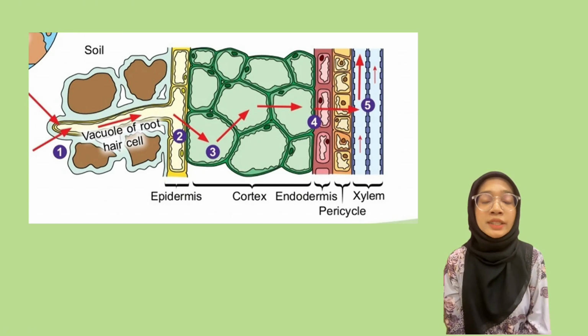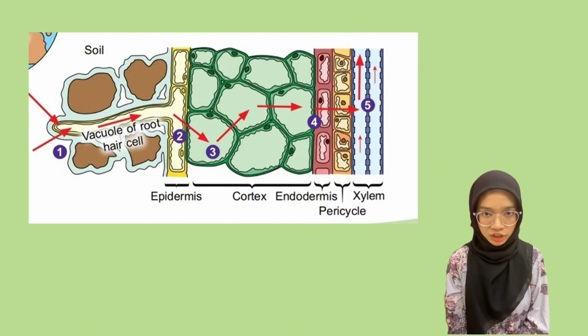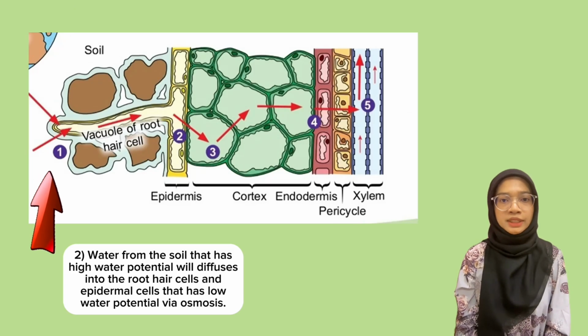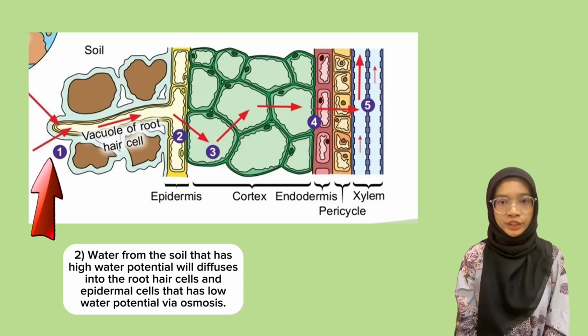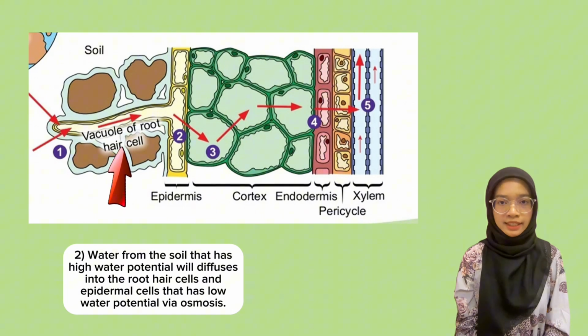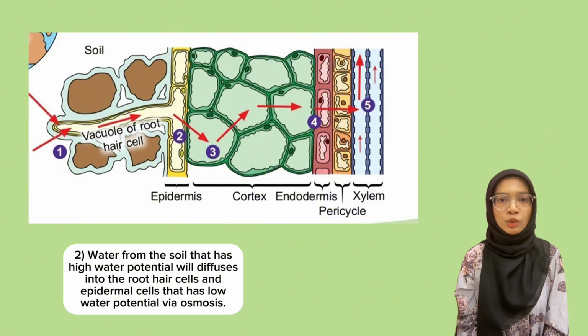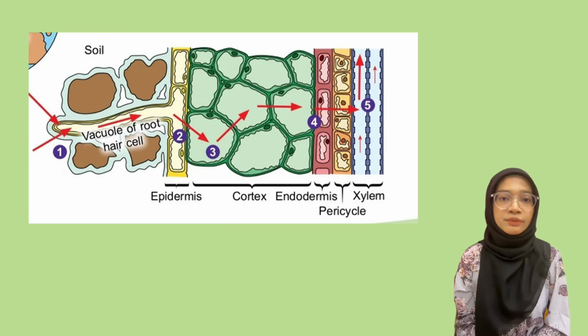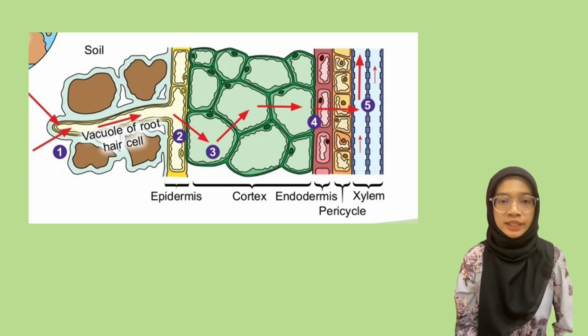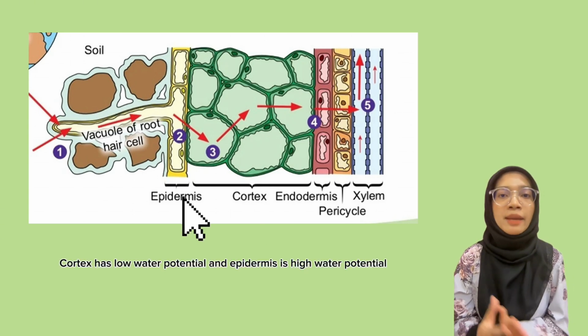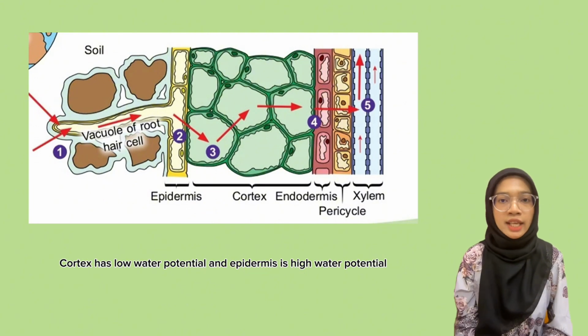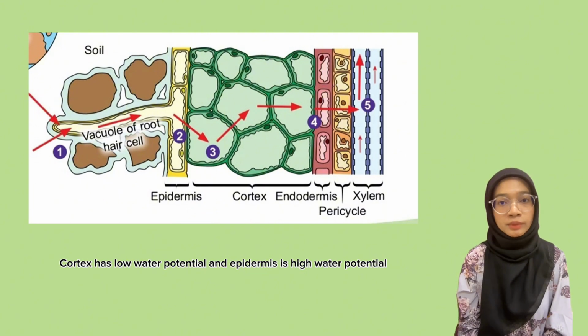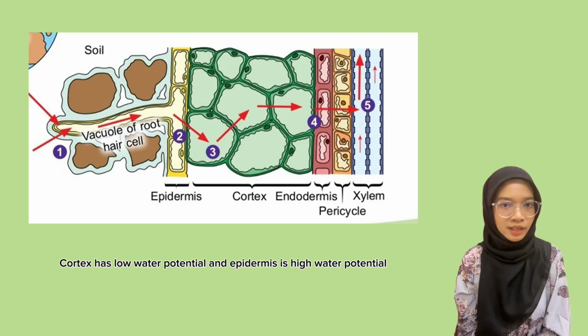Next, please remember we learned earlier that water will move from high water potential to low water potential. Water from the soil, which has high water potential, will diffuse into the root hair cells and epidermal cells, which have low water potential, via osmosis. Because there is a difference in water concentration, where the cortex has low water potential and the epidermis has high water potential, the water is transferred into the next part.